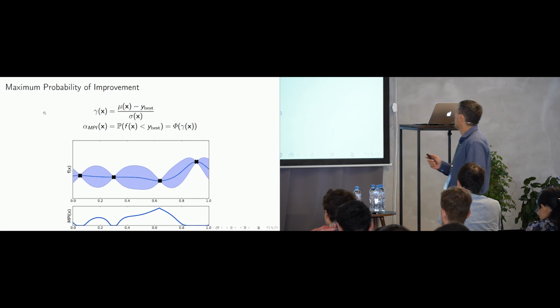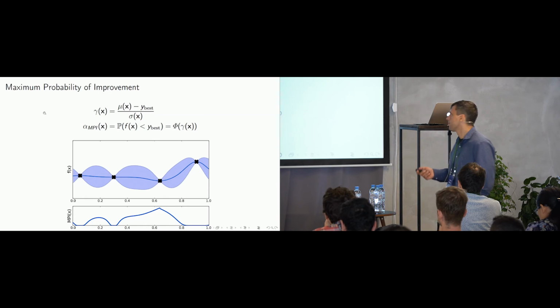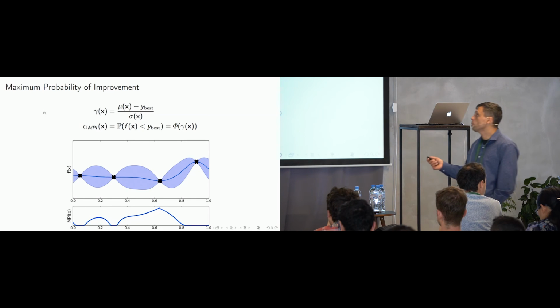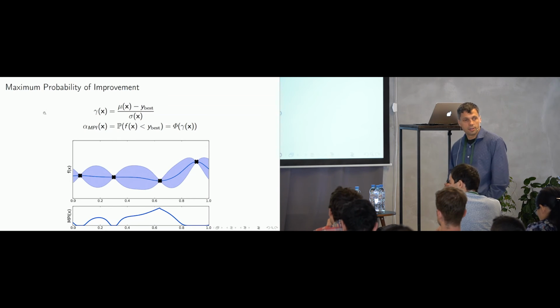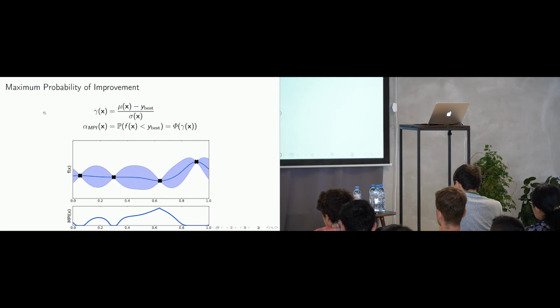And actually, we would like to find such a candidate input x, such that the value of the process f of x is as small as possible compared to the value of the process observed so far. And we would like the probability of this event to be as big as possible.